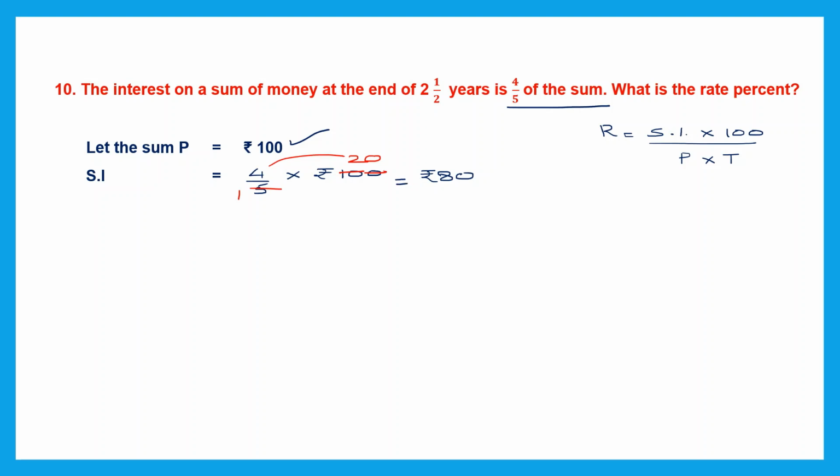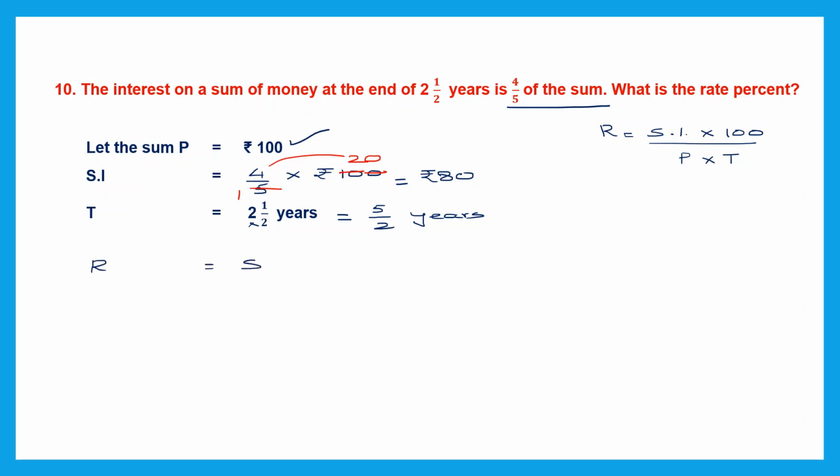So now that we found simple interest, we can find rate. Now time is also given to us. So let's write down time. Time is given as 2.5 years. Now let's convert this to an improper fraction. 2 twos are 4 plus 1 is 5. 5 by 2 years. So this is 5 by 2 years. Okay, so now we have all this. We can find the rate of interest. So let's find the rate using the formula.